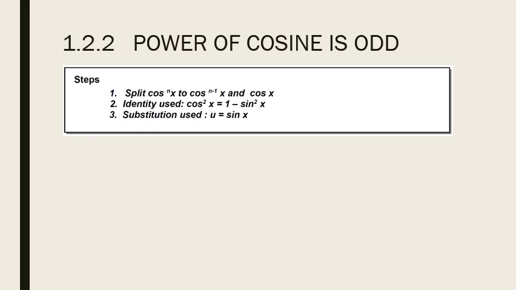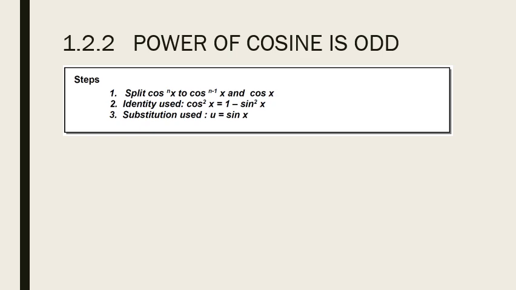Okay, next we go to number 2. Power of cosine is odd. Before, we had sine is odd, now we have cosine is odd. So we use the same steps as well. What is the function that we have to split?